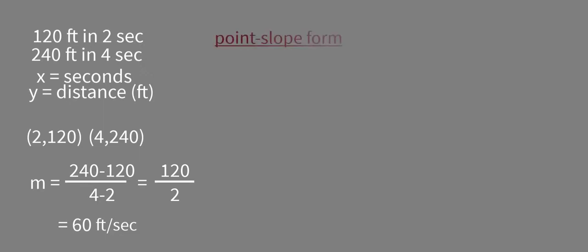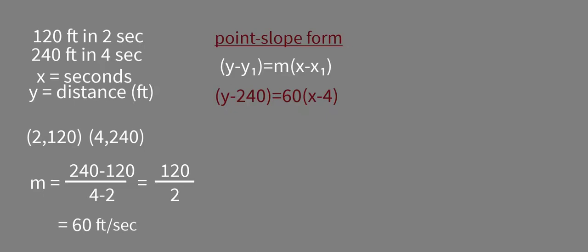So point-slope form, we can use y minus y1 equals m times x minus x1. And that's why we needed to solve for the slope, because we need the slope for point-slope form. So we can use either point. We'll start with the 240. So y minus 240 equals 60 times x minus the corresponding x point is 4.